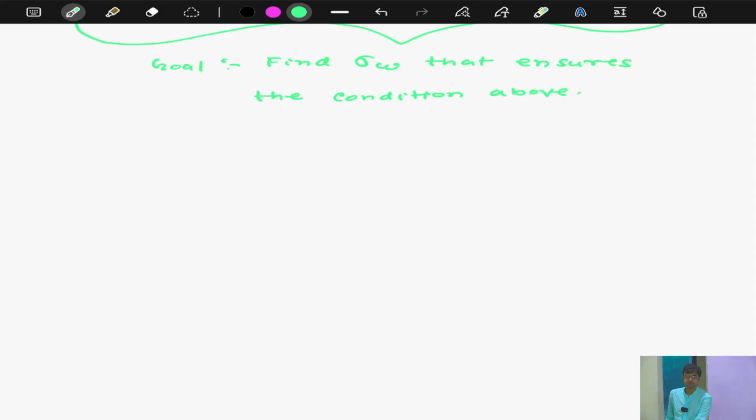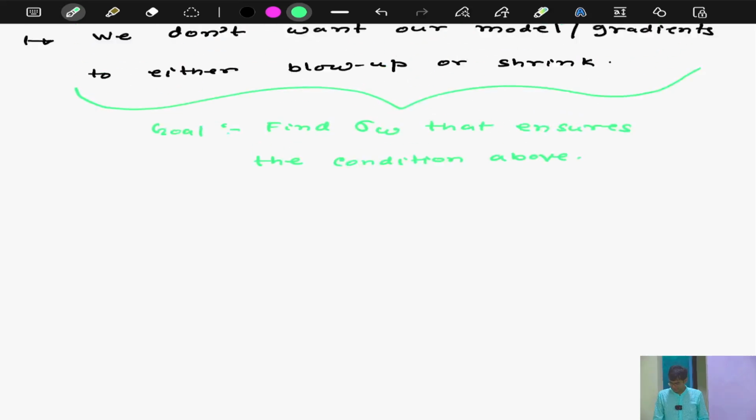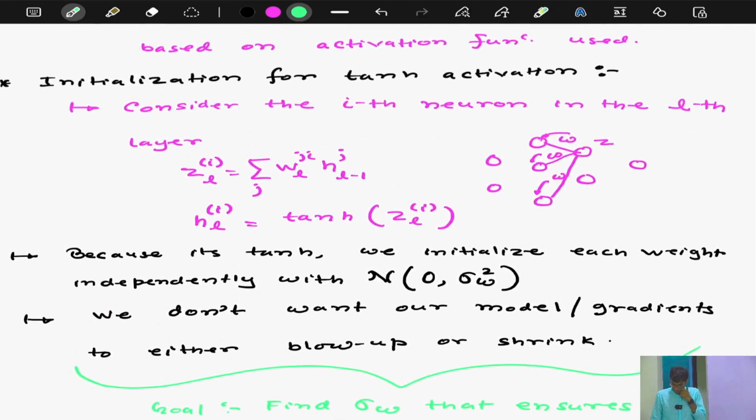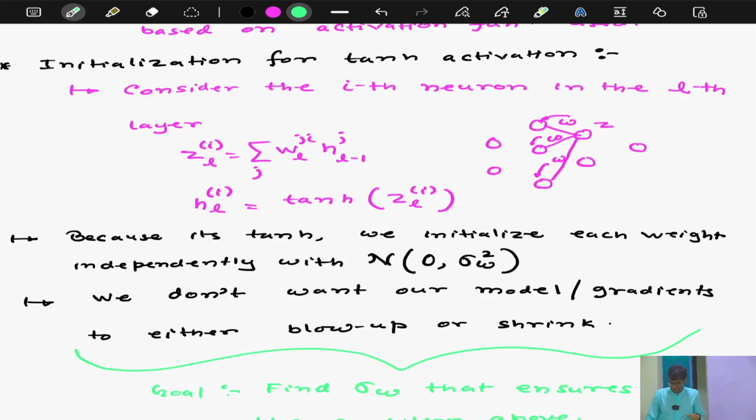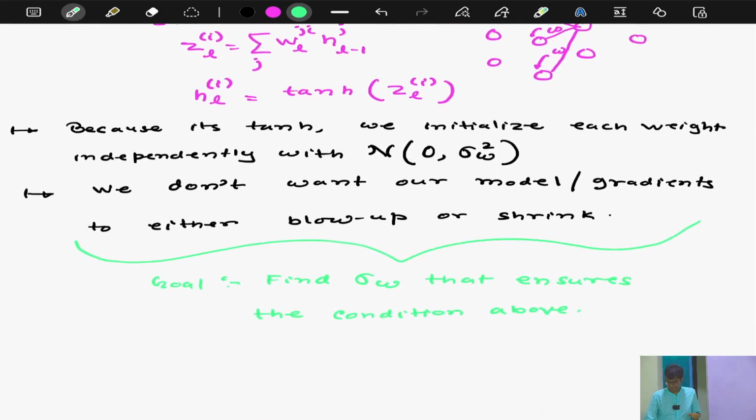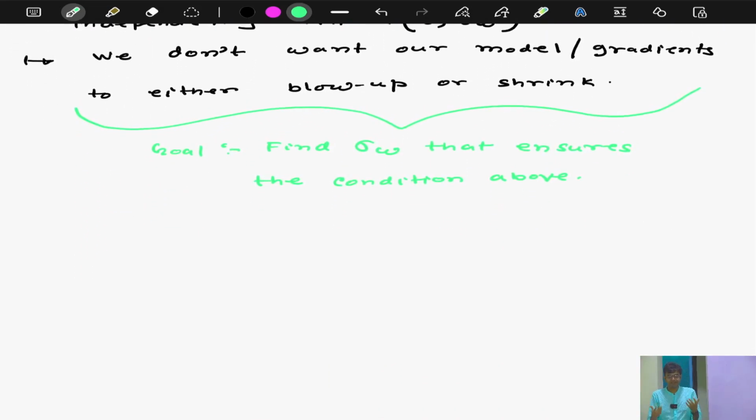Okay. This is the goal. I will stop here. We will start with this thing only, the ith layer and all of those things. So this portion will repeat, and then we'll proceed with finding a good sigma w for this thing, right? Okay. Thank you.